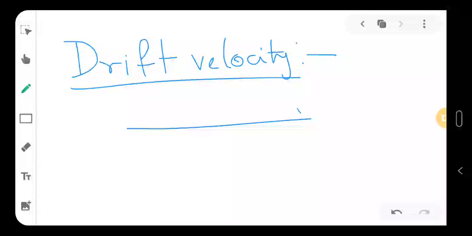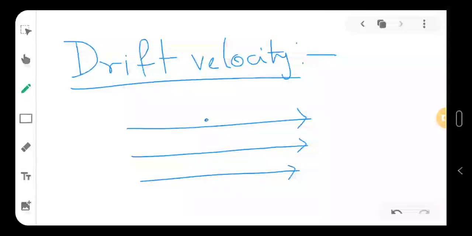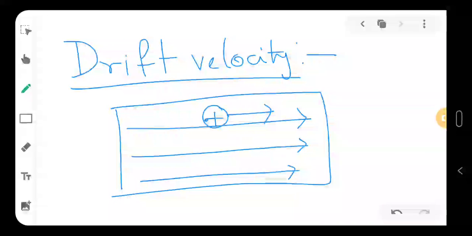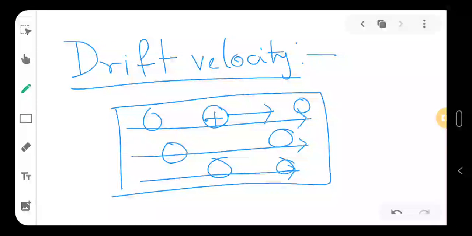I said that if an electric field is there and a charged particle is there, whether positive or negative, it will feel a force. Now you know that in most conductors, when this charge moves, it creates collisions; it interacts with other molecules and other charged particles inside the material.